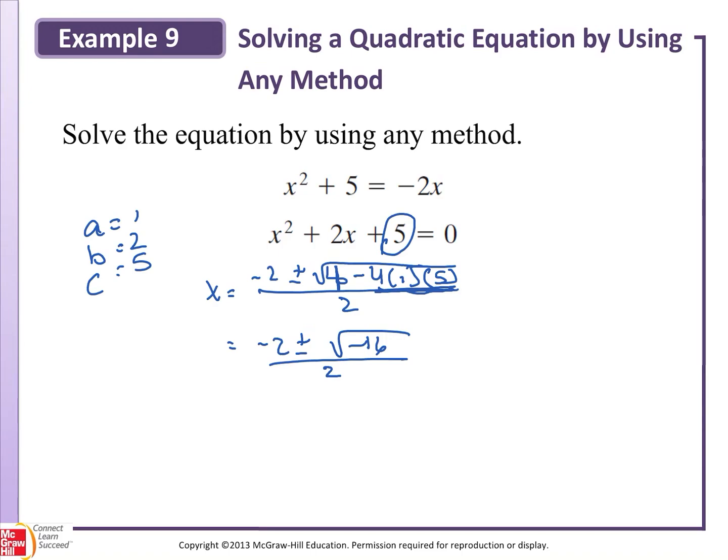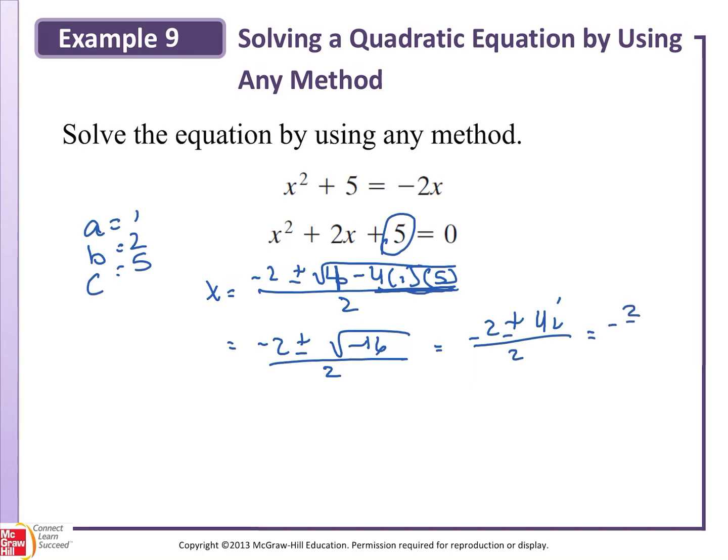All right, so negative in the radical means there's an i, and the square root of 16 is 4. So this is negative 2 plus or minus 4i over 2. So we'll just split that into 2 parts, right?